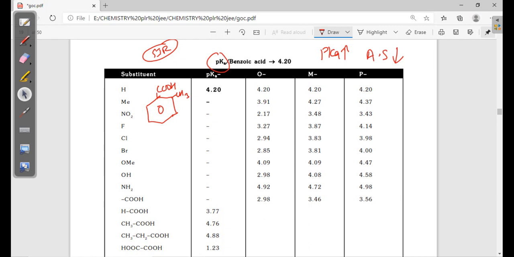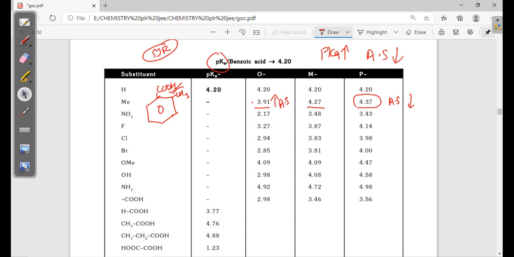Now here see, in case of methyl, which is the higher value? This para position has the higher value. Higher value means acidic strength is less. Which is the lowest value? This ortho position. So its acidic strength is higher. Why is it higher? We know the ortho effect is due to these repulsions. Whenever there is a substituent at the ortho position of benzoic acid, that benzoic acid has higher acidic strength comparatively to meta and para.